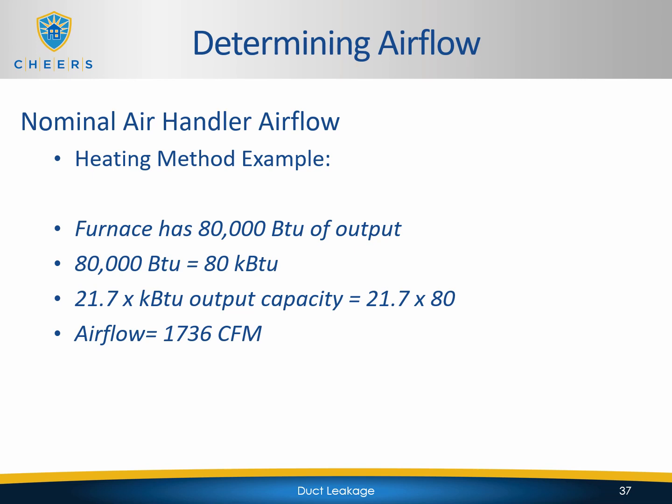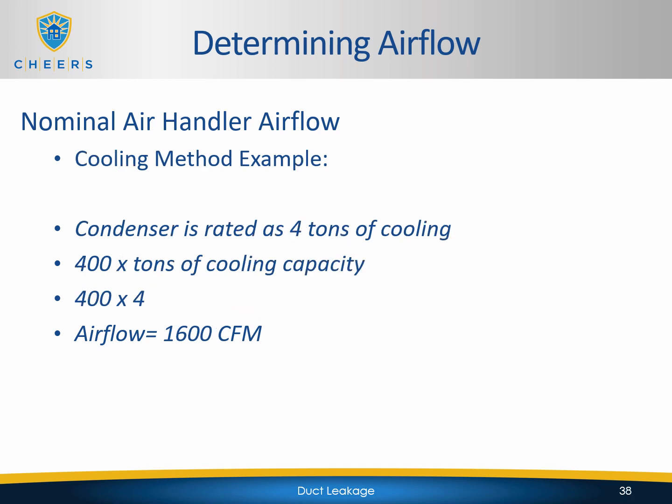Keep in mind, airflow is always measured in CFM. The cooling method for the same scenario: that particular system has a condenser that's rated for 4 tons of cooling. So the formula is 400 times the tons of cooling capacity, 400 times 4, which gives us a nominal airflow of 1600 CFM.